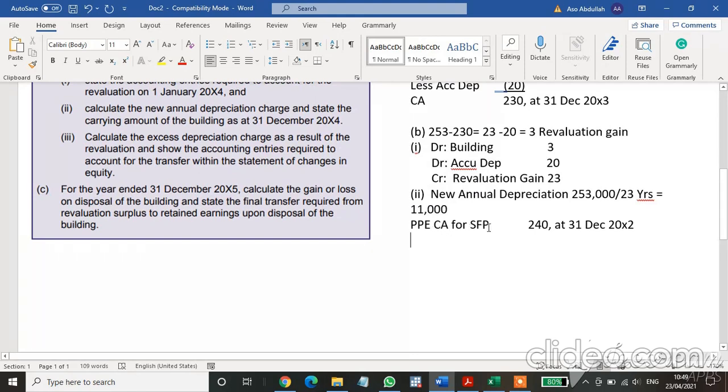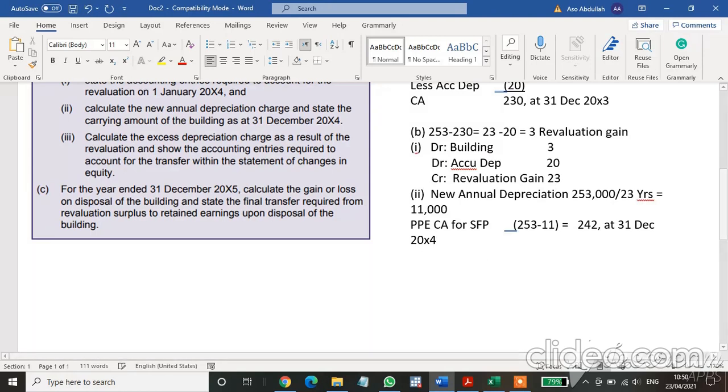PPE carrying amount for the statement of financial position is going to be 253 minus 11, which is equal to 242,000. But at which year? It's not 2002, not 2003, it is at 2004.